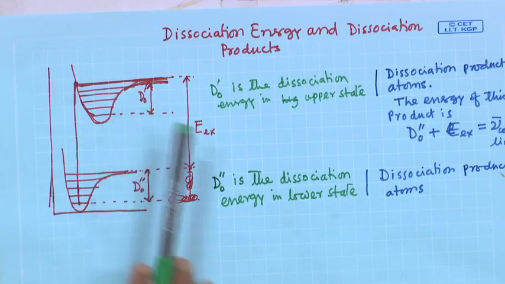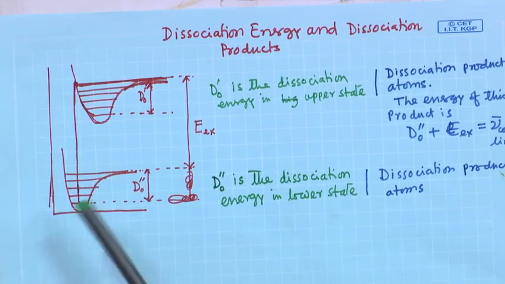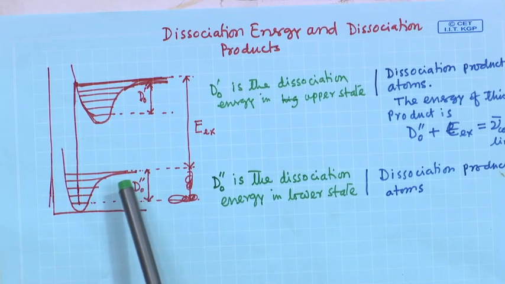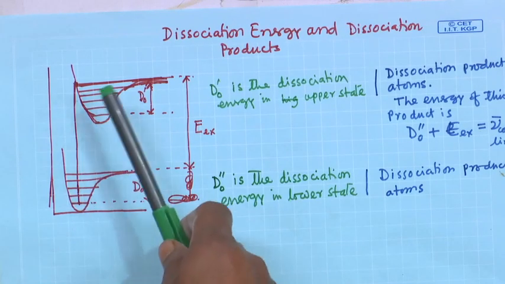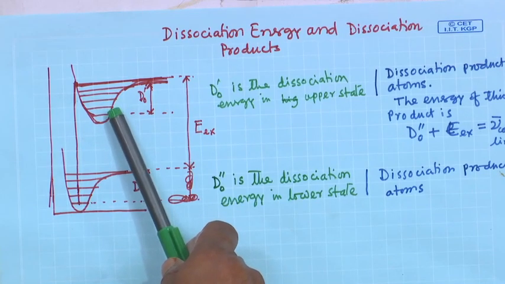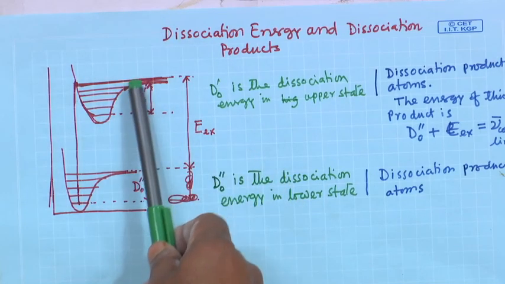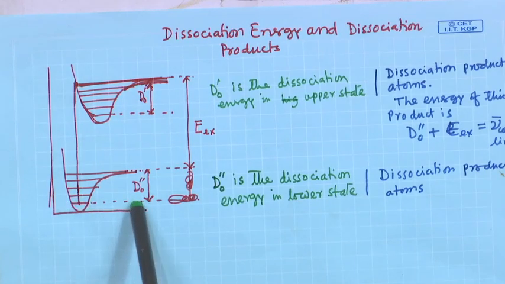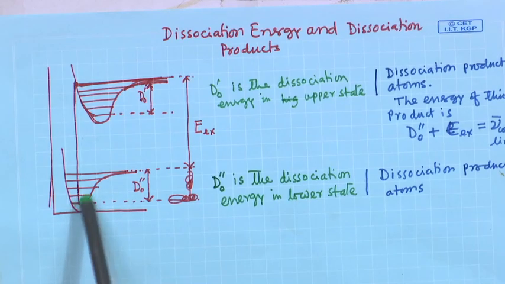Now, the molecule is in the ground electronic state. Now, the molecule is excited to the higher electronic state, and then it also dissociates. That means in this electronic state the molecule was in the lowest energy vibrational level.